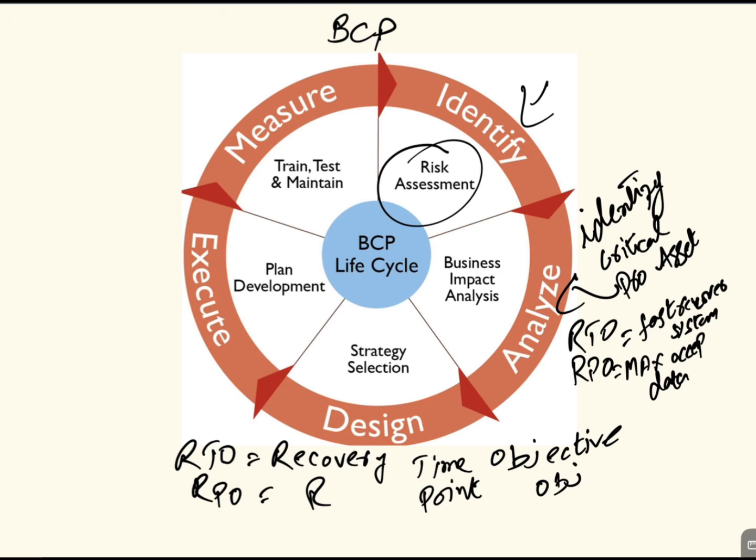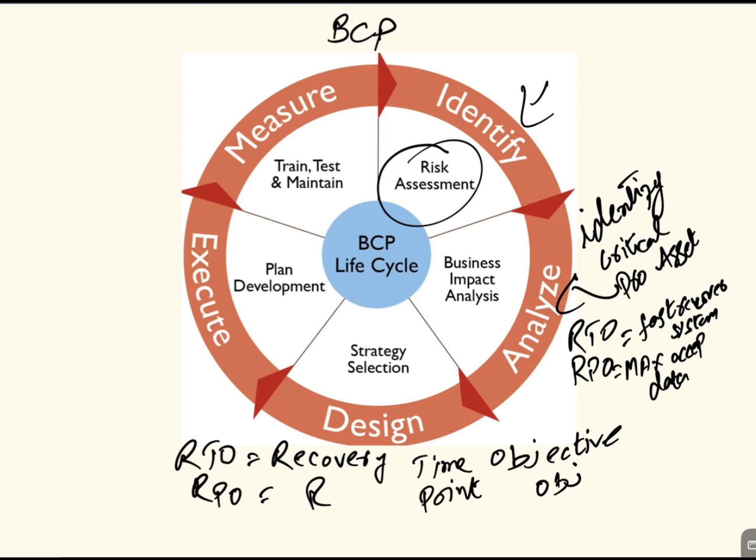For instance, payroll system RTO is 4 hours, email system RTO is 24 hours. If recovery takes longer than the defined RTO, the business impact becomes unacceptable. It could be a disaster. So we need to calculate our RTO, how long we can accept the system recovery.